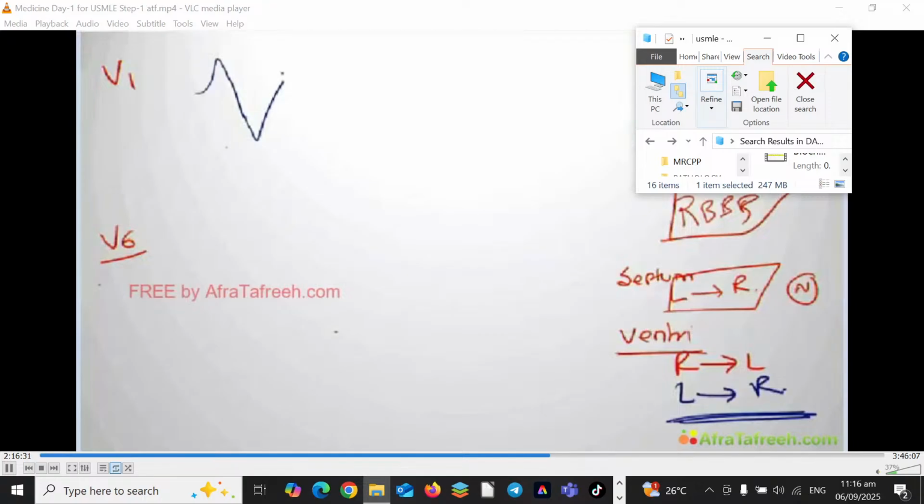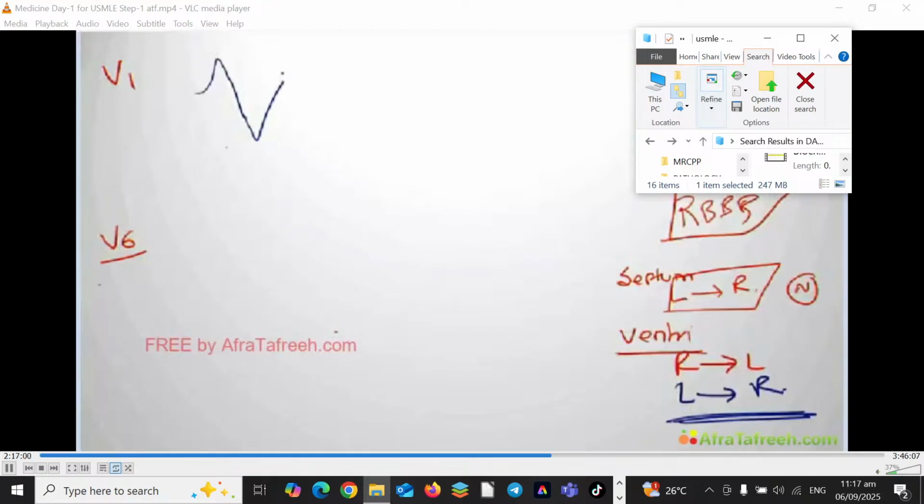What happens in a normal heart is, during this period only, the right ventricle gets depolarized and finished, because we saw that the right ventricle is this big and the left ventricle is this big. But in this case, the right ventricle is now getting depolarized late because it was a conduction block, right? The conduction is happening through the muscle, not through the conduction fiber.